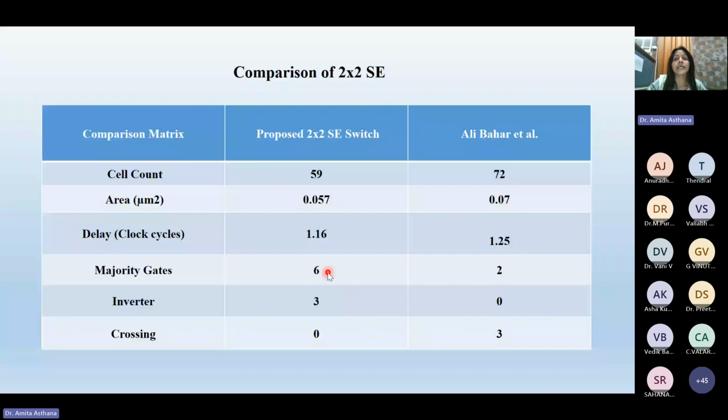So the basic aim is to understand how we can reduce all these parameters significantly with the proper selection of the design and the proper orientation of the cells.